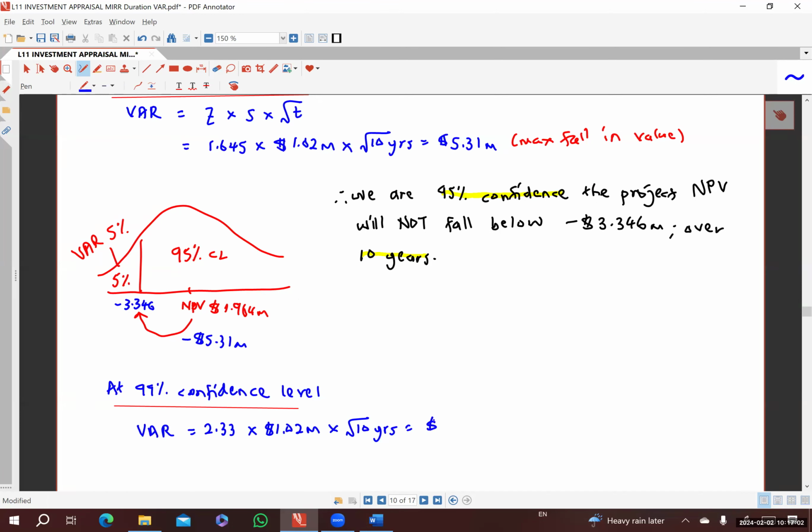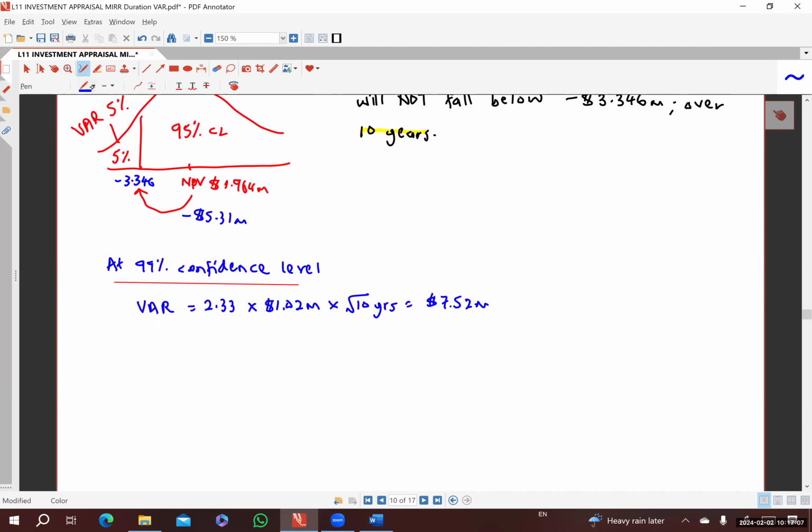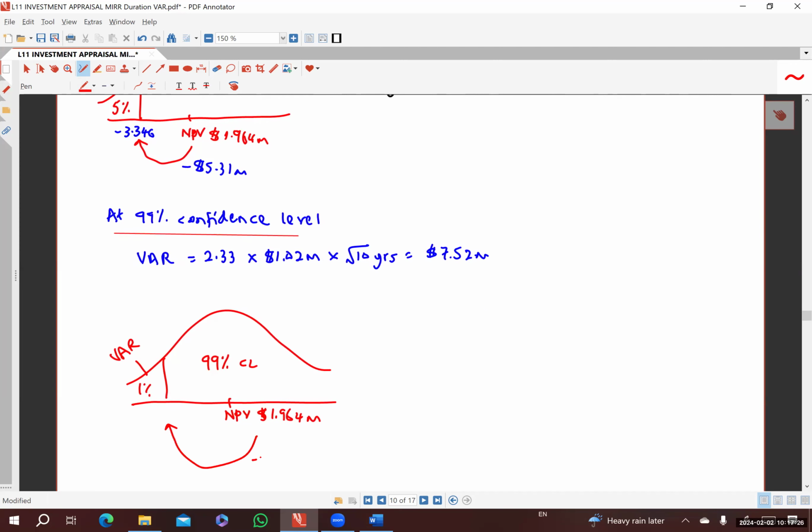That equals 7.52. Now, same idea. At 99% confidence level, here is 1% value at risk. The NPV now is 1.964. Value at risk is the maximum fall in value, so the lowest point here is 1.964 minus 7.52.